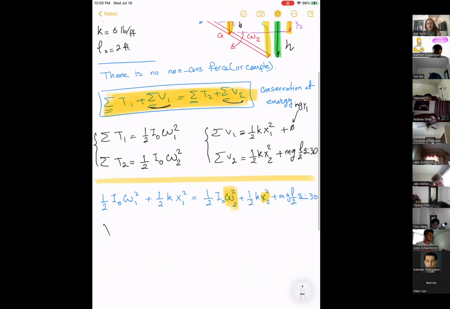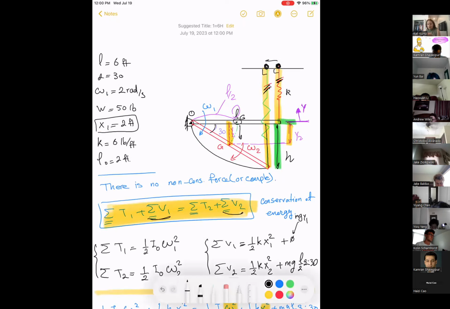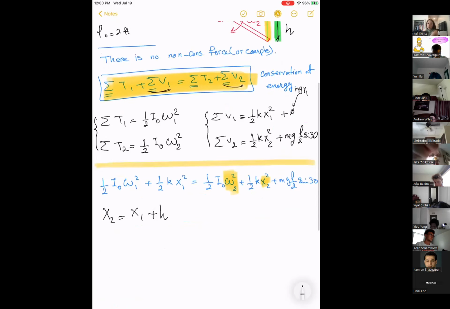So x2 is technically x1 plus h, and from this geometry, this h is the whole length L times sine 30. So it's going to be x1 plus L sine 30. Now let's calculate that. This was 2 plus 6 times 0.5. It's going to be 5 feet.